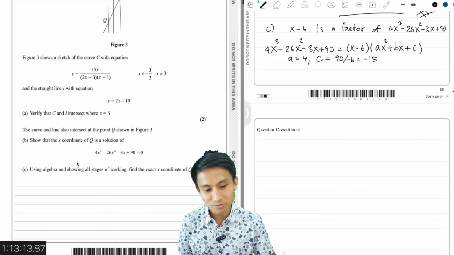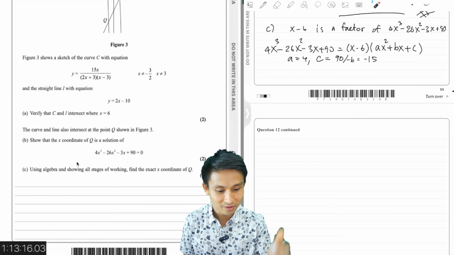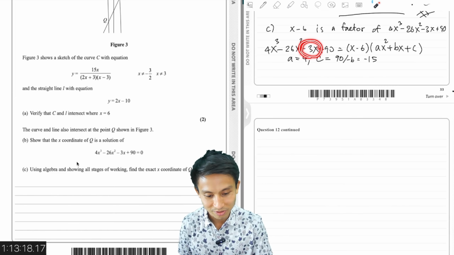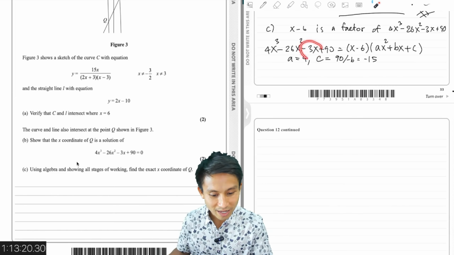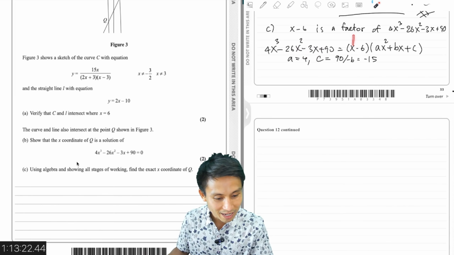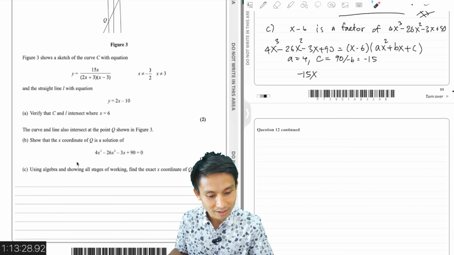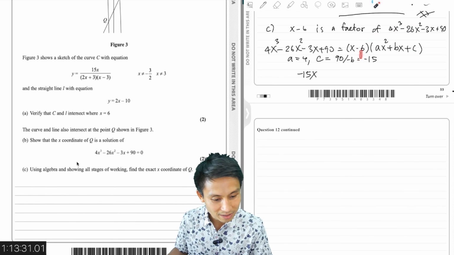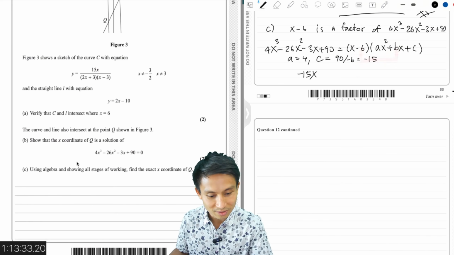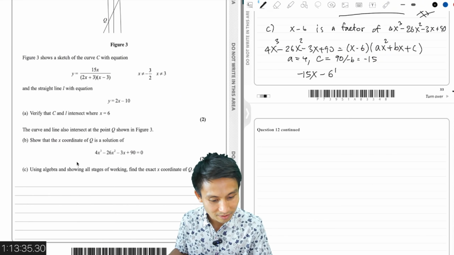Now for b, you just pick another degree. Let's do x because the number here is small. So how do you get x from the multiplication? That x needs to multiply c, so I would have minus 15x, just pairing these two. And the minus 6 must multiply the bx. So minus 6bx must be equal to minus 3x.